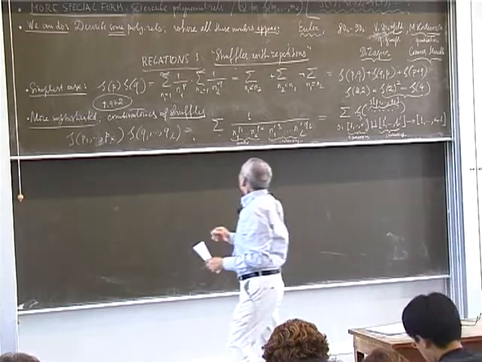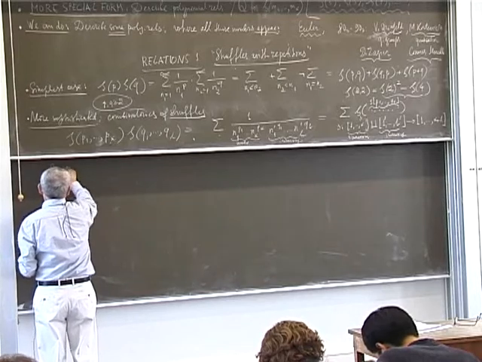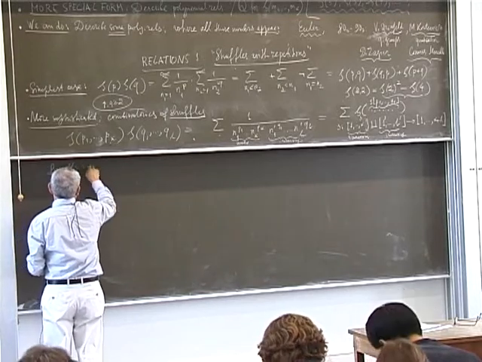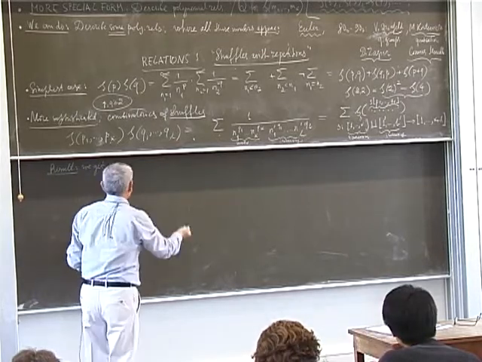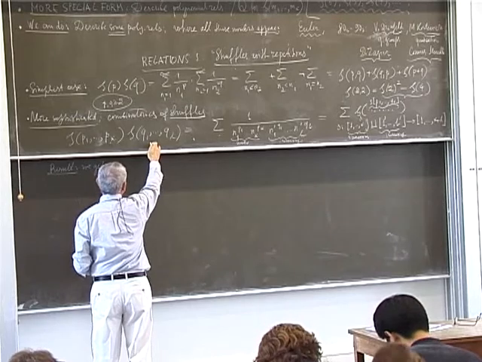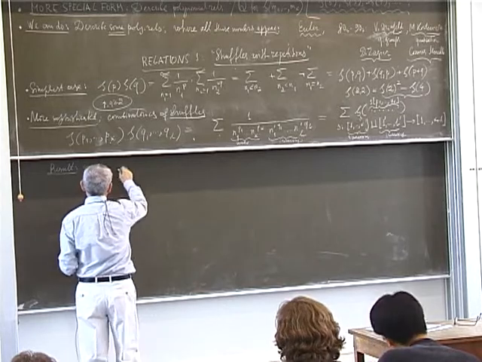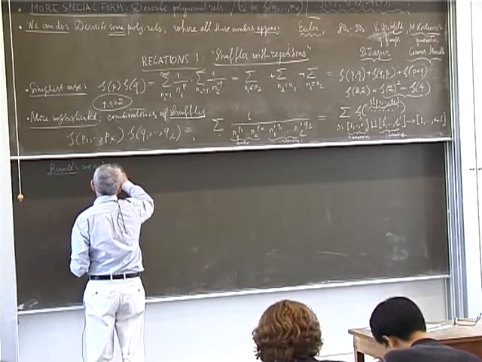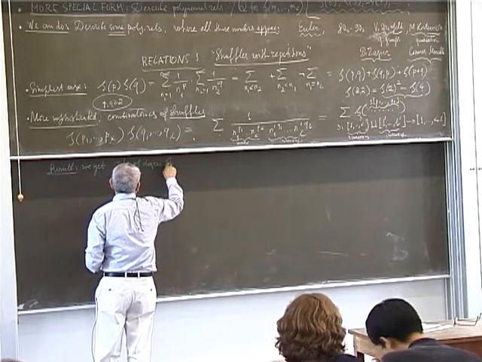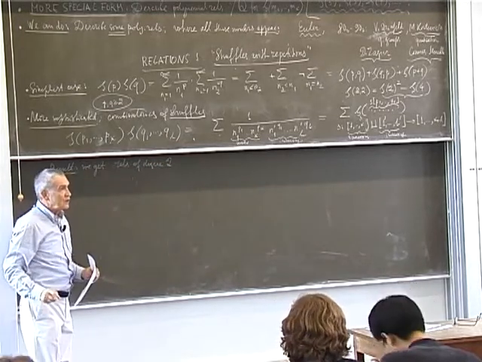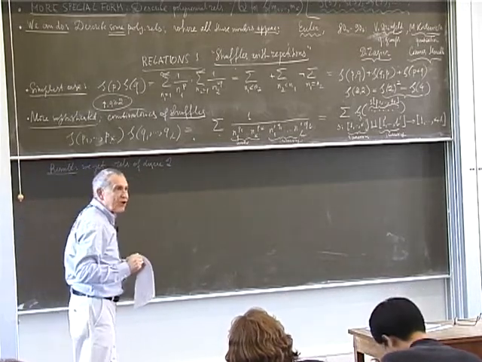So the net result is that we get an essentially quadratic relationship. The left-hand side is bilinear in zetas, and the right-hand side is linear in zetas. So we get relations of degree 2. Formally they are not homogeneous, but actually they are homogeneous if you introduce the grading in a nice way.